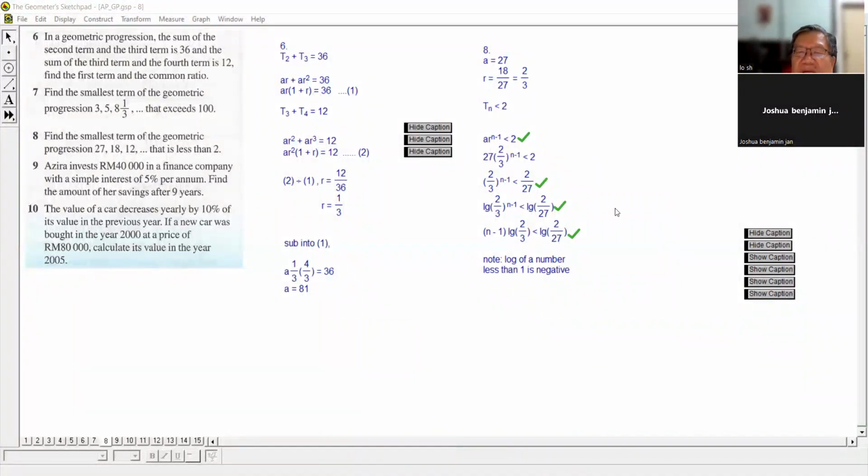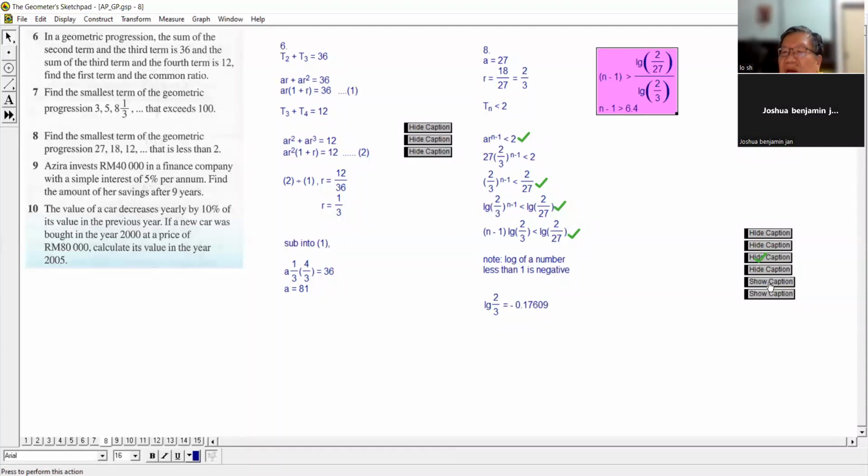Log 2 over 27. Negative 1.130. Okay, right. So it's also a negative number, right? So this log 2/3 is a negative number, right?